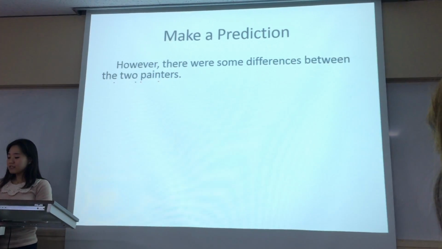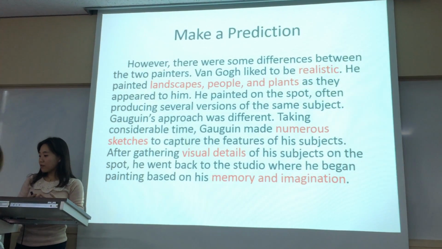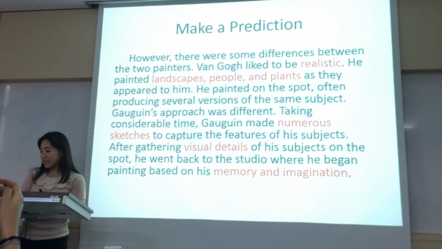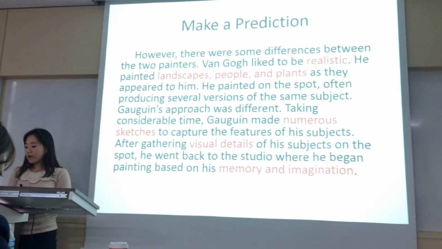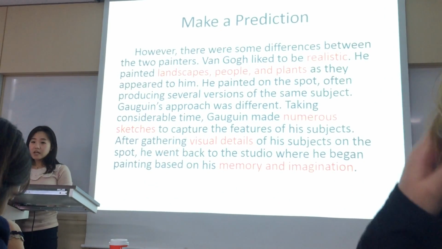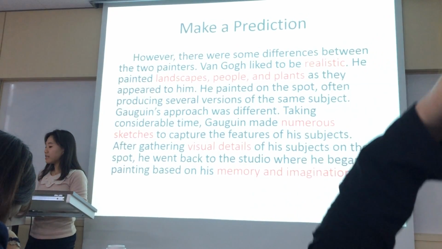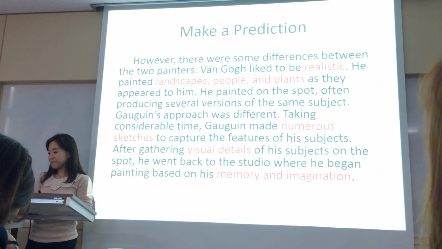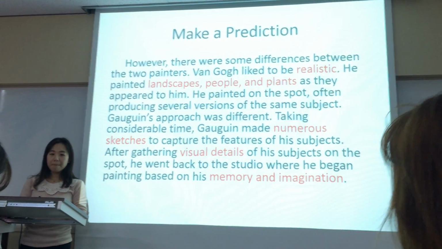And the real text talks about how Van Gogh's painting style was realistic, and Gauguin's painting style used numerous sketches and visual details, and he also used memories and imagination for his painting. Everyone did a very good prediction.